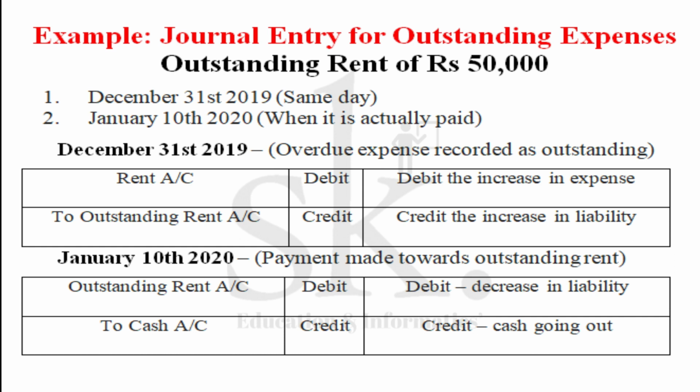As per the debit rules, an increase of an asset or a decrease of a liability is debited. Similarly, if you are paying via cash, your cash balance goes down, and as per the real account rule it has to be credited. Thus, outstanding rent account is debited and cash account is credited.